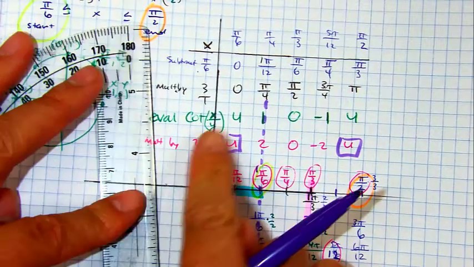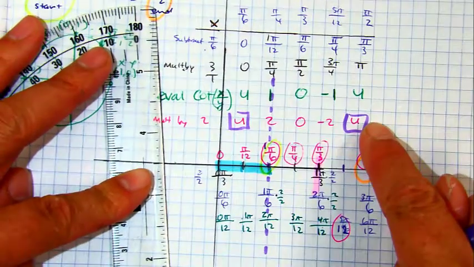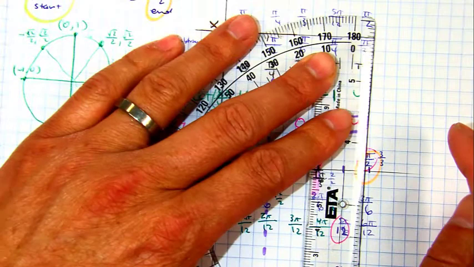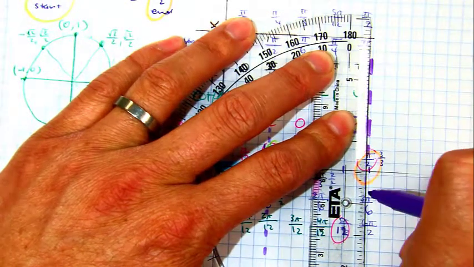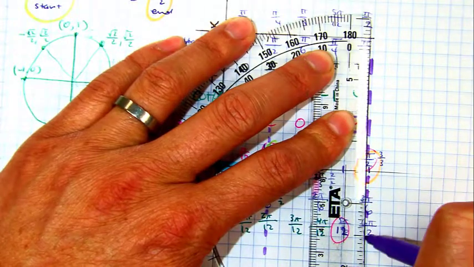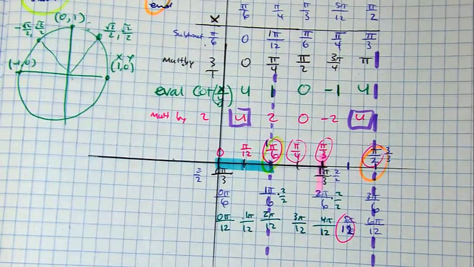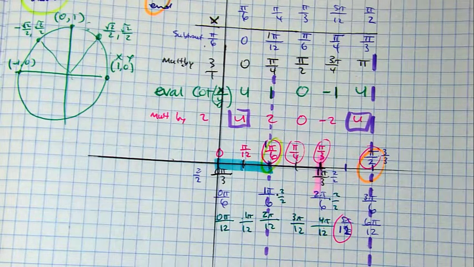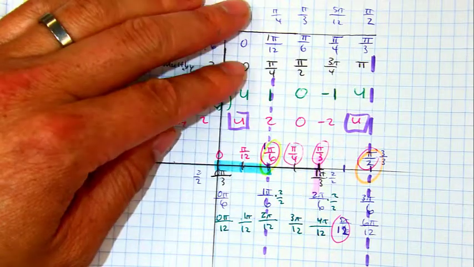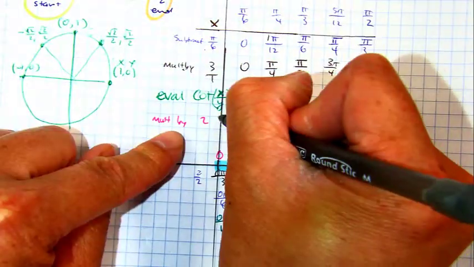And at pi over 2 is also undefined. Now I need to write something on my y-axis. I notice that my values are max at 2. I'll just call this one 2.